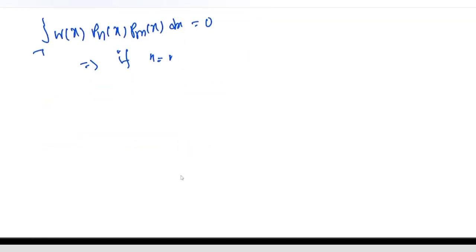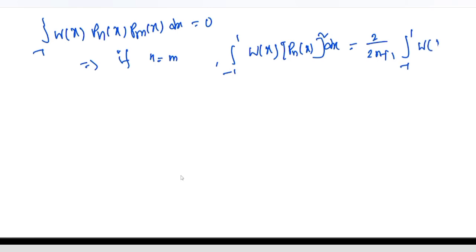If n equal to m, we know that the integral from minus 1 to 1 of omega x (Pn of x) whole squared dx equal to 2 over 2n plus 1, the integral from minus 1 to 1 of omega x dx. This is called the weight function.